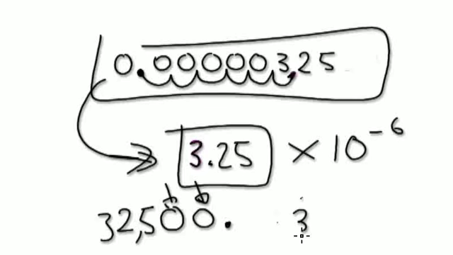But if you have 0.0325 with zeros here, because it's after the decimal, if you get rid of the zeros, it doesn't matter. Anyway, let's carry on.